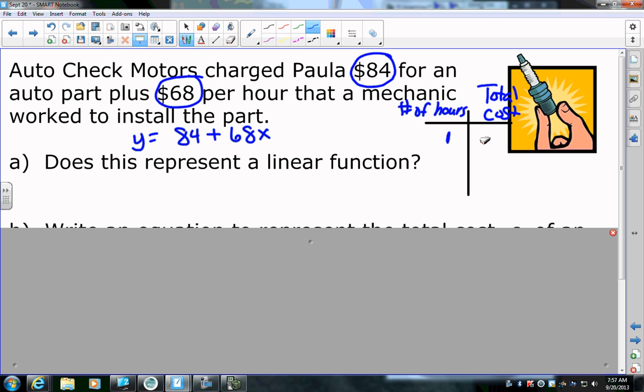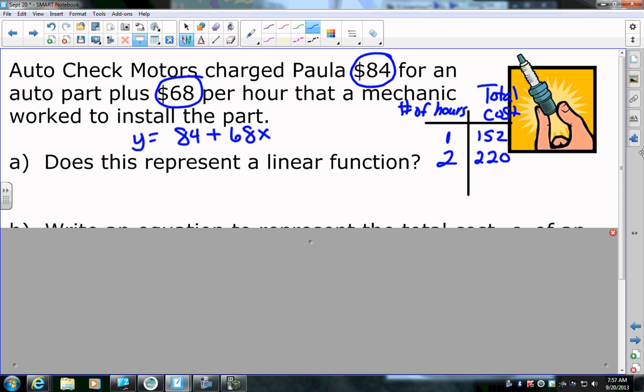So at first for 1 hour, what is that? 152. Y'all going to help me or what? 84 plus 68. What about 2? So if I have 68 times 2 plus 84. 220.